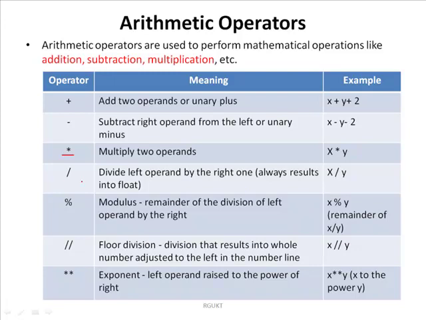Division divides the left operand value by the right one, meaning here x by y divides the x value. If I take the division operator on two operand values, it always gives the result as a floating point value. Modulus gives the remainder of the division of the left operand value by the right value, meaning x modulo y is the example.